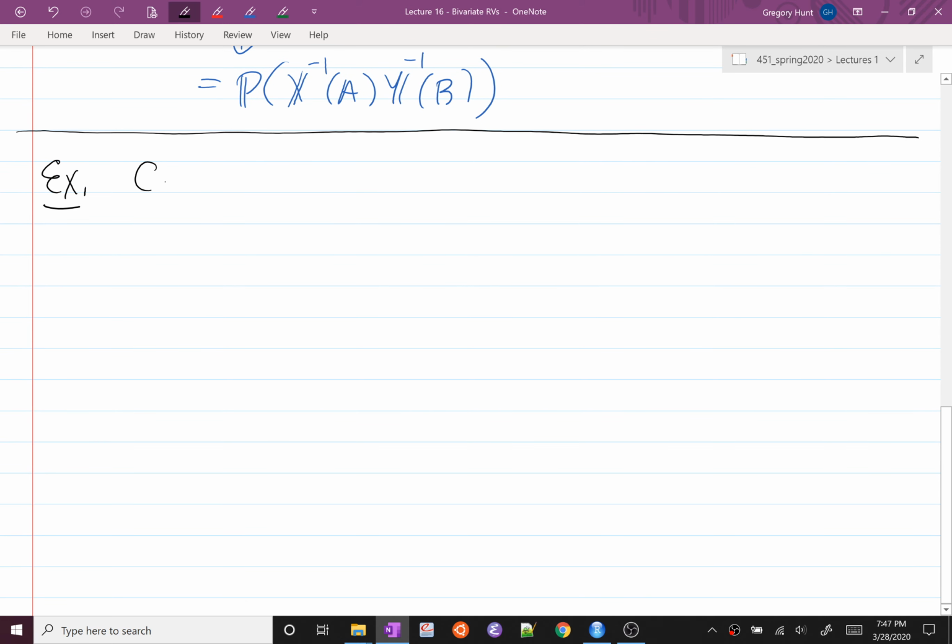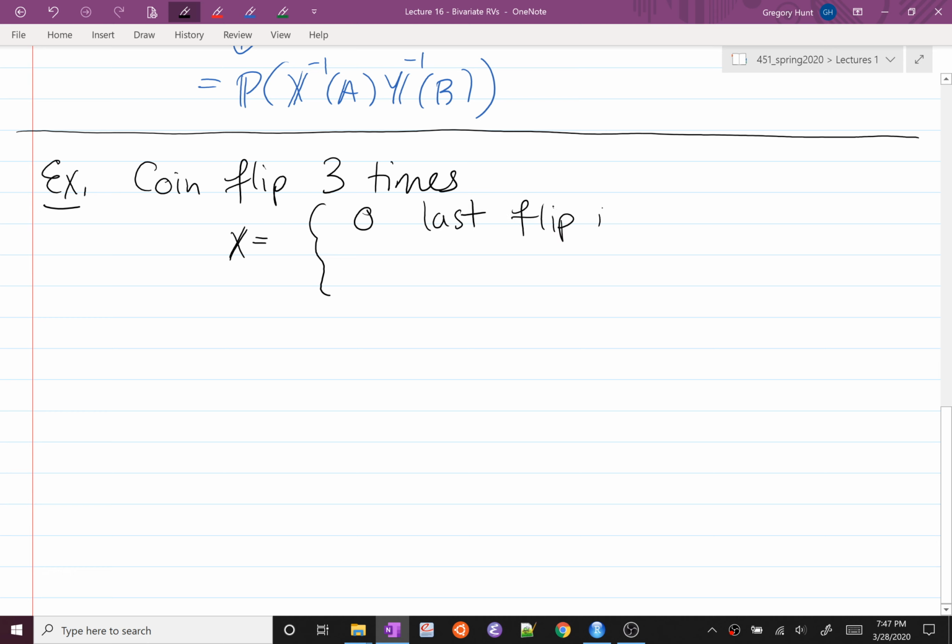I'm going to look at a coin flip done 3 times, and I'm going to let x be either 0 if the last, that is the third flip, is a tails, and 1 if the last or third flip is a heads. And I could define a different random variable, say y, and y is just going to be simply the number of heads among the 3 flips.